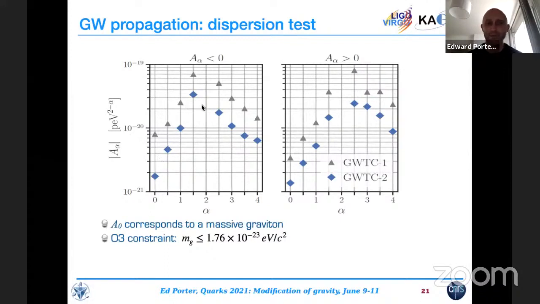The blue diamonds here are now the improvement that we have from the second catalog. You can see that we have roughly a factor of 2 improvement in most cases. This has allowed us to constrain the mass of the graviton to this particular value here, which is at the moment approximately twice as good as the best solar system bound for the mass of the graviton.